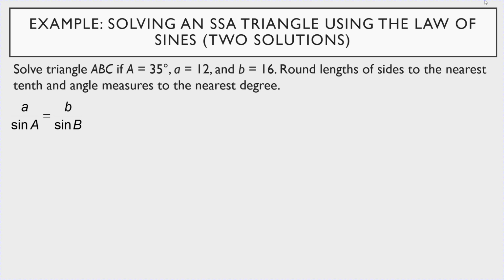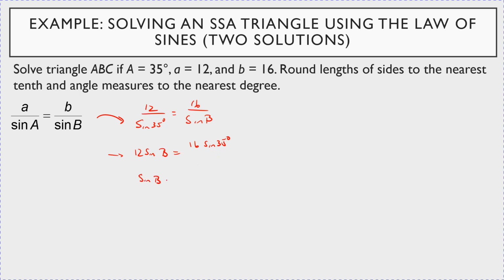Since you're given the length of side a and the length of b, let's find sine of B here. You're going to go 12 divided by sine of 35 degrees is equal to 16 over sine of B. Cross multiplying, you get 12 times sine of B is equal to 16 times sine of 35 degrees.